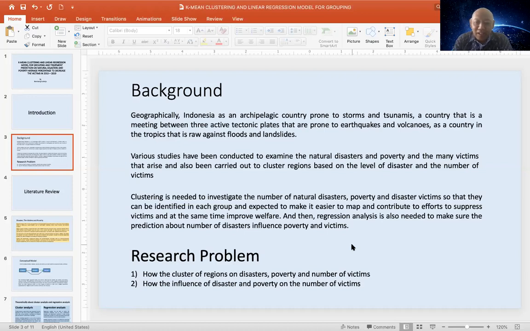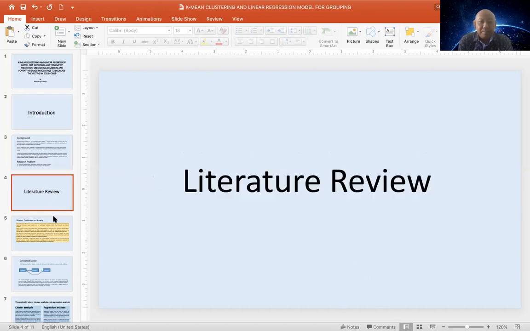Regression analysis is also needed to make predictions about how the number of disasters influences poverty and victims. The research problems are: first, how are the clusters of regions on disasters, poverty, and number of victims; and second, how do disaster and poverty influence the number of victims.